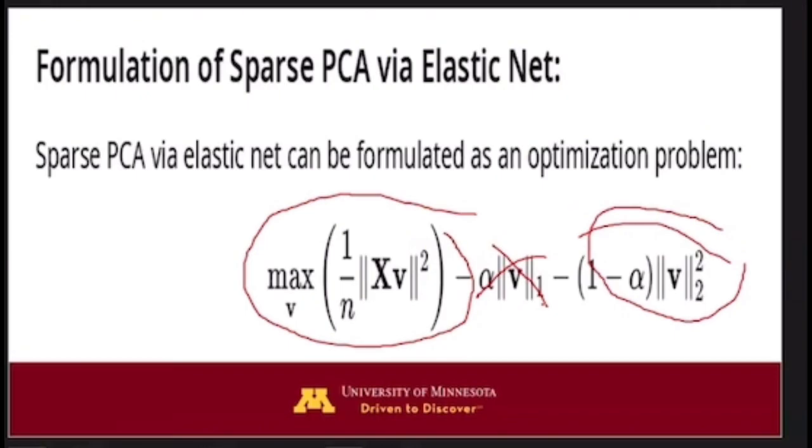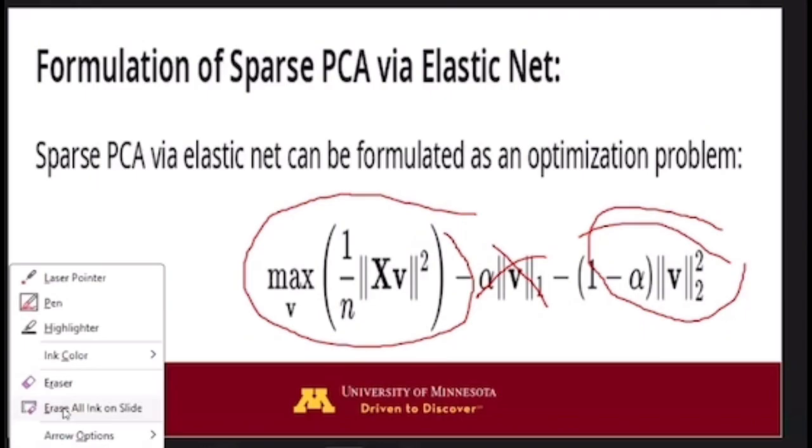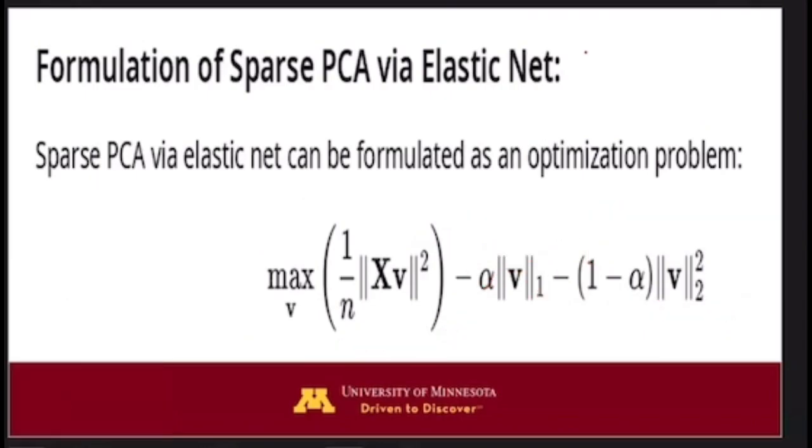You now see that the L1 penalty has limitations and the L2 penalty has limitations, and that is why we ask whether there is a way to combine the two, and that is what we call elastic net. Elastic net combines both the L1 penalty and the L2 penalty.